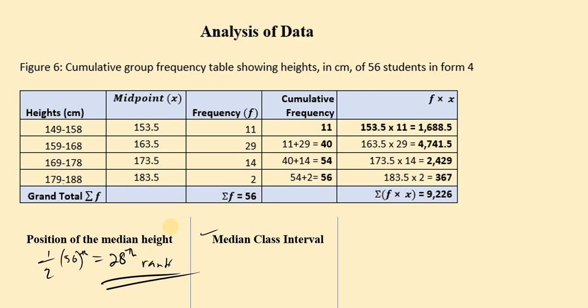So let's test the first cumulative frequency. Have we passed the 28th rank? The answer is no. Let's check the next one, 40. Have we passed 28? Of course, this is 40, so yes, we have passed it. That means it's actually in this category, and so that is the median class, 159 to 168. How easy is that?